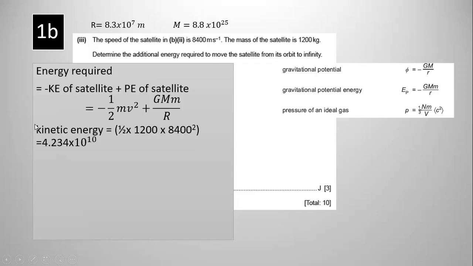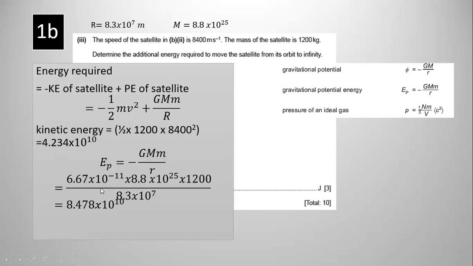Right? You can calculate kinetic energy first, or you can calculate in the equation itself if you want to. And potential energy, calculate out. There's your G. There's your M, mass of planet. There's the mass of the satellite. R is from the previous question.